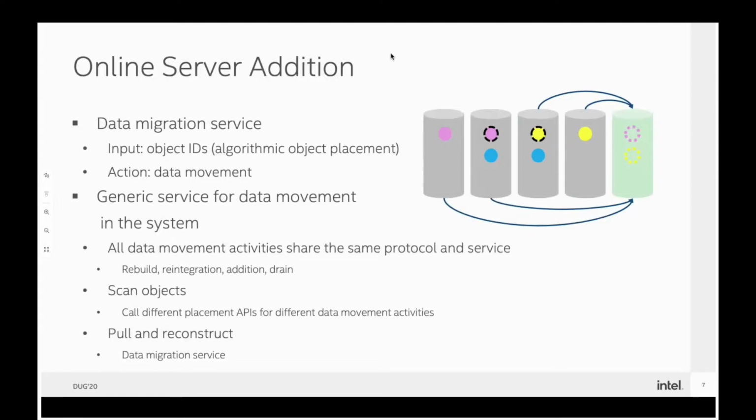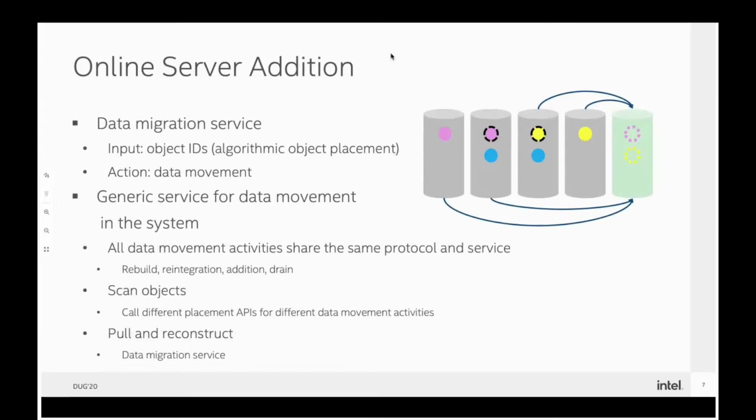Briefly, all the storage targets should scan their local object store and run placement algorithm against those objects and find out all the objects impacted by the pool membership change. I mean, because we are adding more storage nodes to the pool, right?